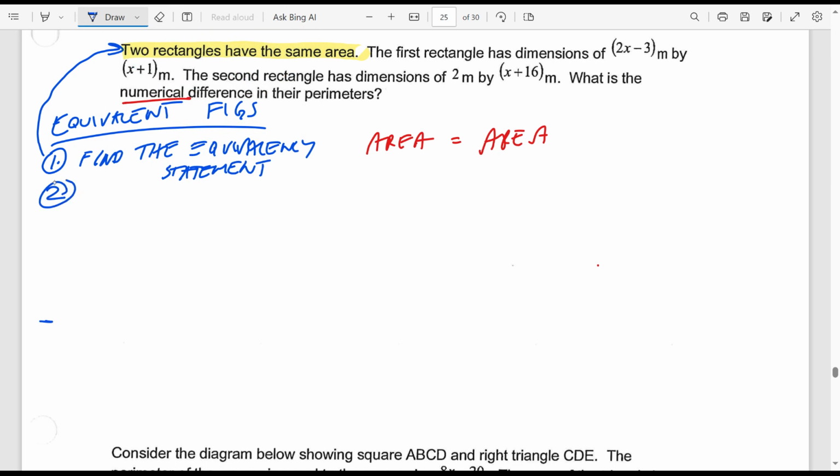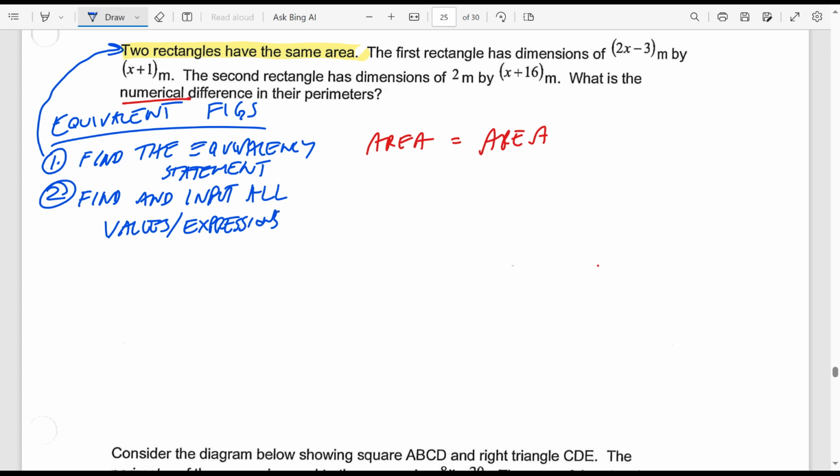And the second step would be to find all the pieces and input them into your statement. So find and input all values, or let's just say expressions, if you will. Because sometimes it may be just two, like in this case here.